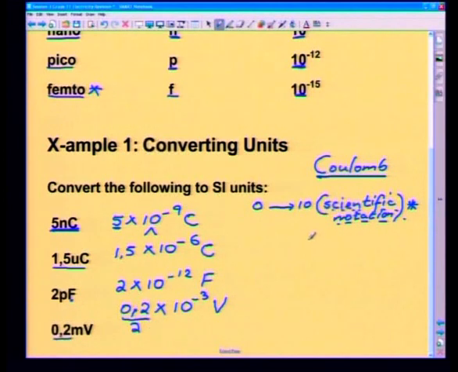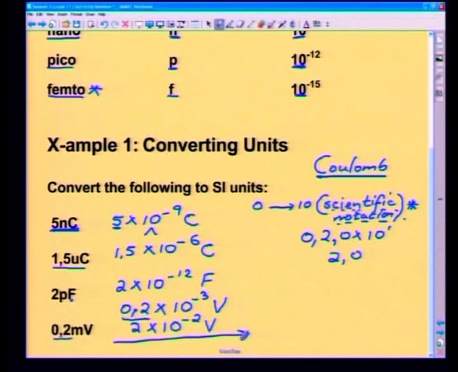You will agree with me that 0.2, if we take the comma to that point, means I would have multiplied this by 10 so that instead of 0.2, I have 2 as a digit there. Now, this is 10 to the power 1, so if I had 2 by 10 to the power 1, by 10 to the minus 3, the resulting answer will be 2 times 10 to the power minus 2 volts. That's how you could have converted that particular one.